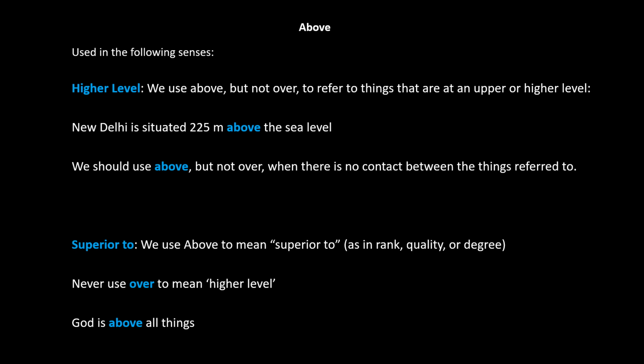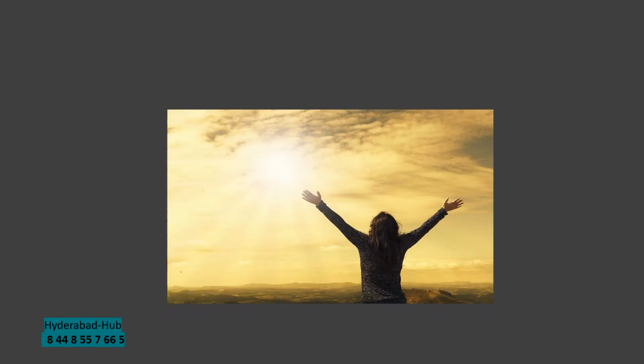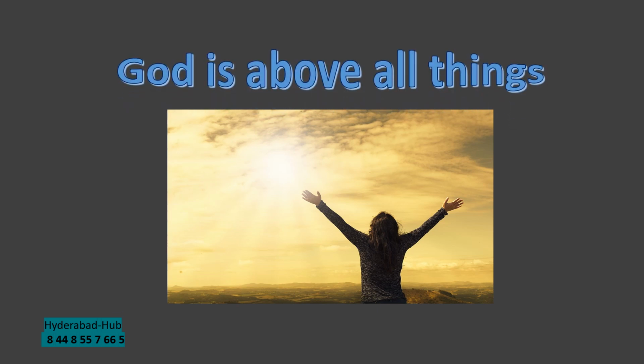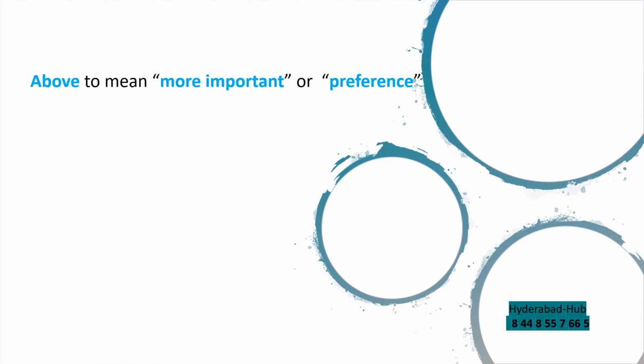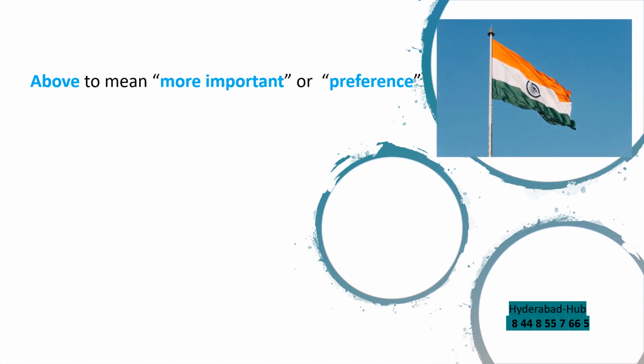Look at this image. Also, we use above to mean more important or preference. Look at this image. The national interest is above the individual interest.